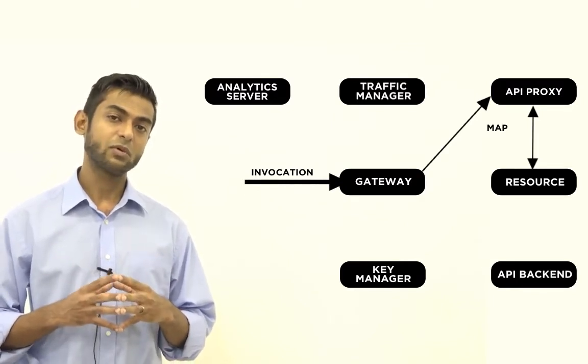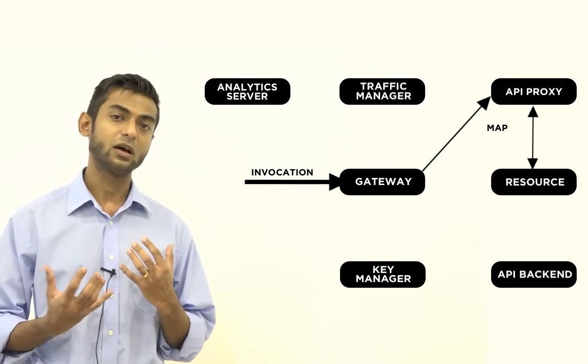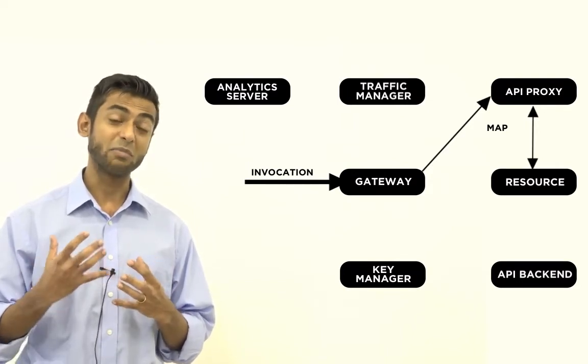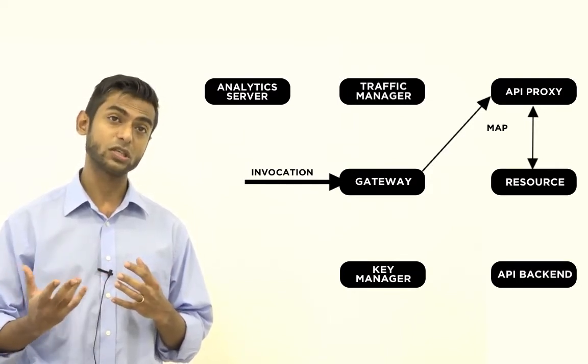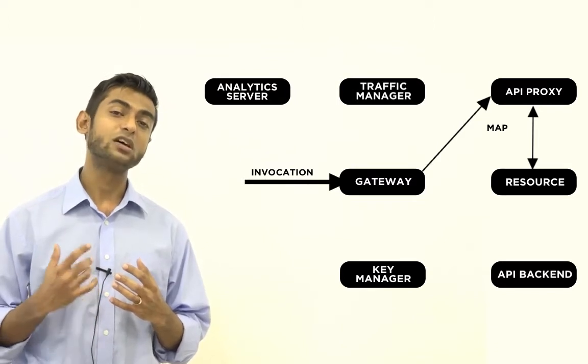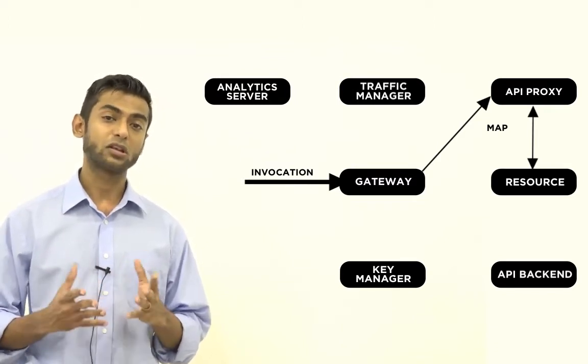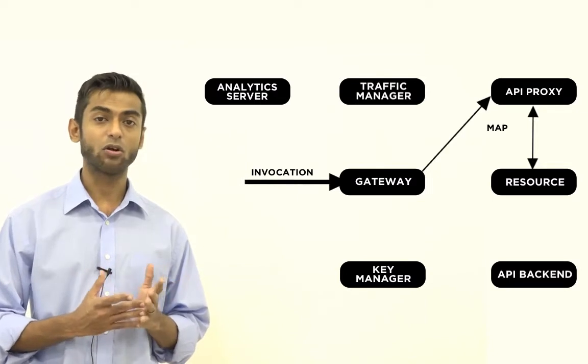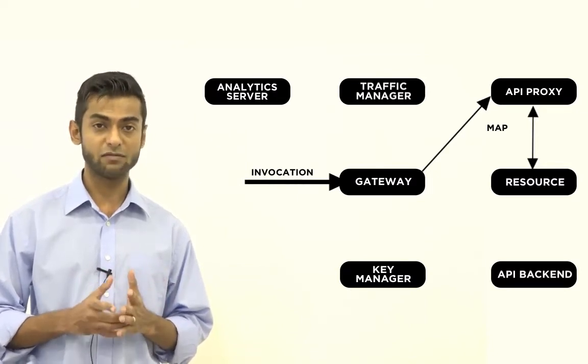If the API gateway is able to find a matching API proxy and resource, the next thing it does is it needs to authorize this API call to make sure that it is a valid one.